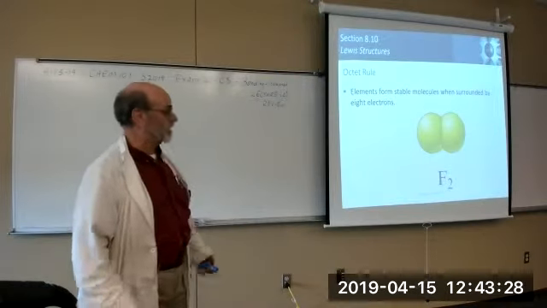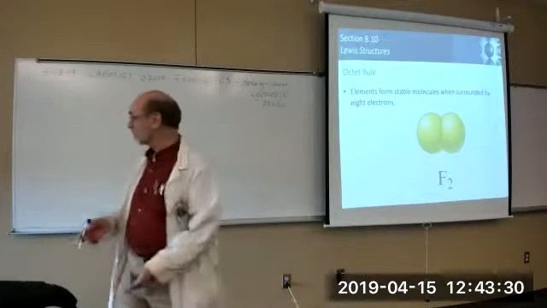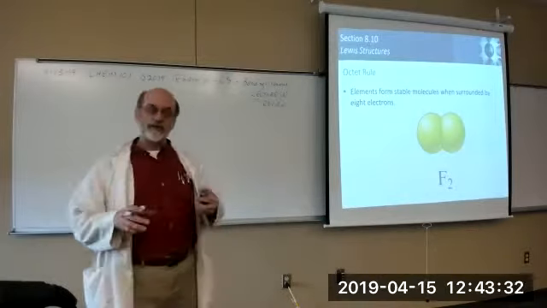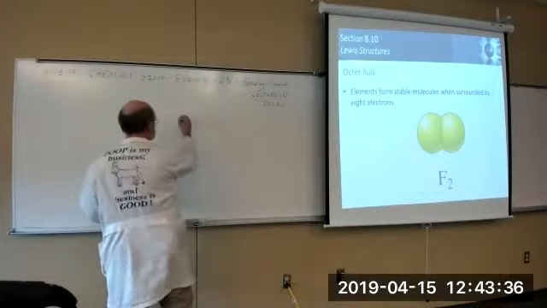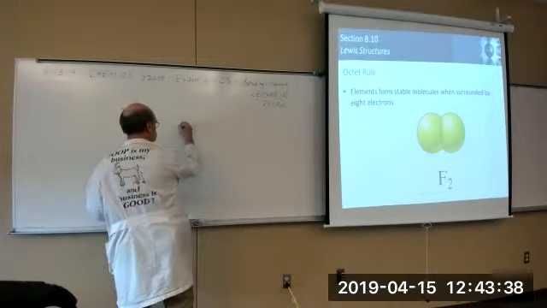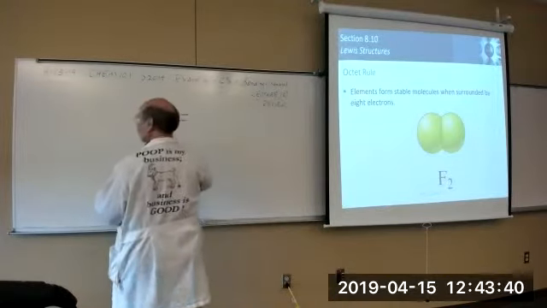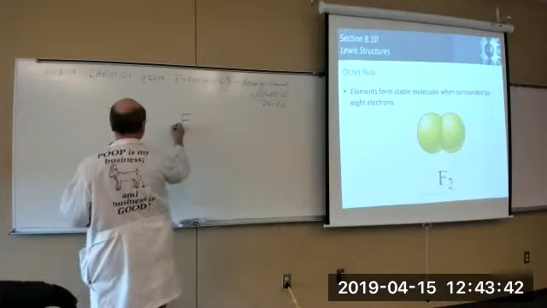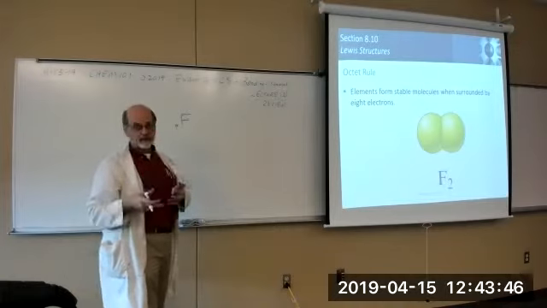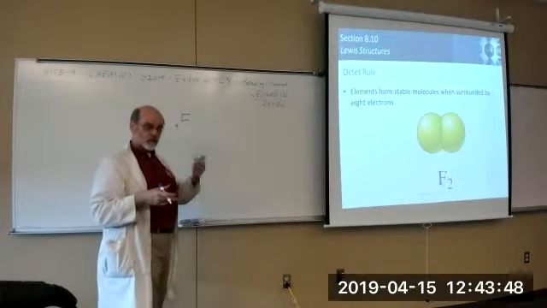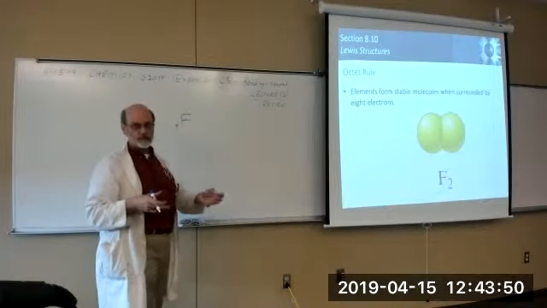Whereas fluorine is in the second period, right? So it's going to obey the octet rule. And while fluorine starts out with 9 electrons, only 7 of the electrons are in the outermost shell, right? Because the core is 1s2.